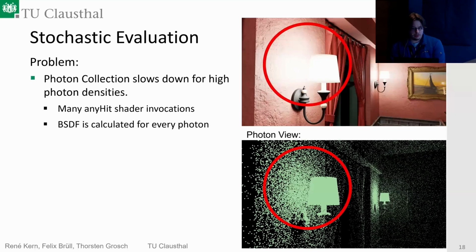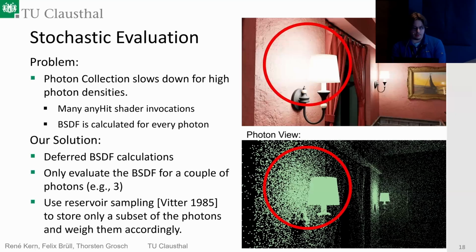So our solution was to only evaluate a small subset of these photons, and make the any-hit shader as cheap as possible. In our work, we only wanted to evaluate 3 photons, so a rather small amount.